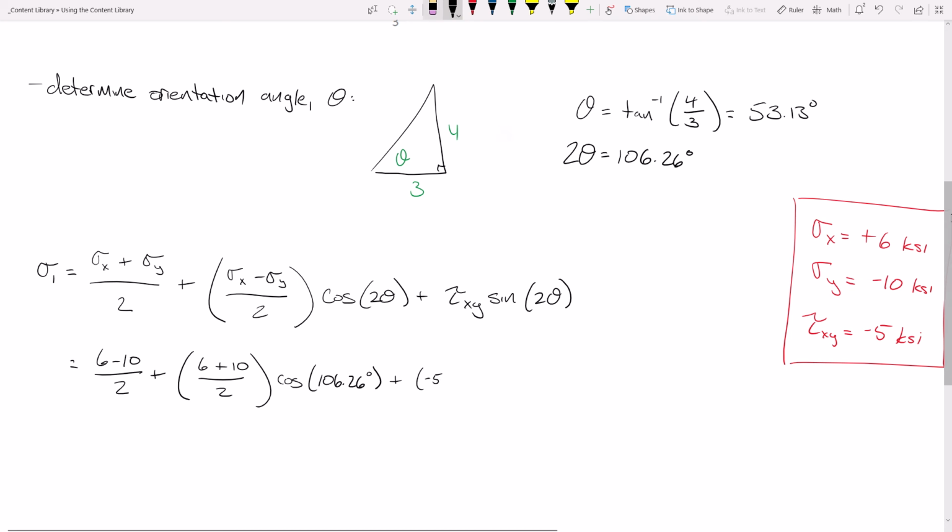Here, I'll just say minus 5 sine 106.26 degrees. So, what do we get? We'll say 2 decimal places. That's enough to sort of make a point.